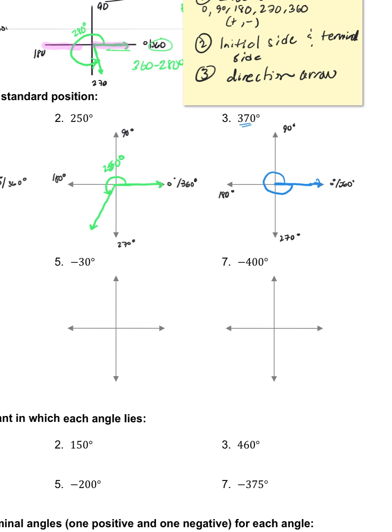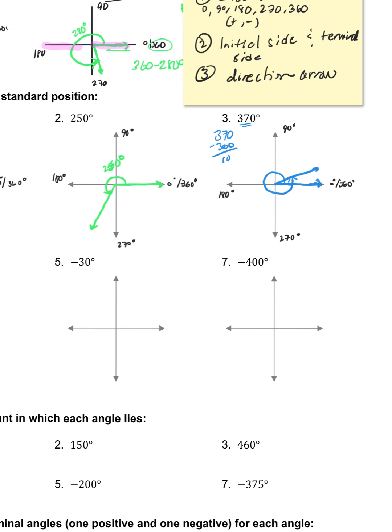So this is like saying 370 minus 360, where I wind up. I have 10 degrees more to go. So I'm going to wind up in this first quadrant again, where I started, right there. And if I show my direction arrow, I went all the way around and wound one time and then wound up with a little bit over.